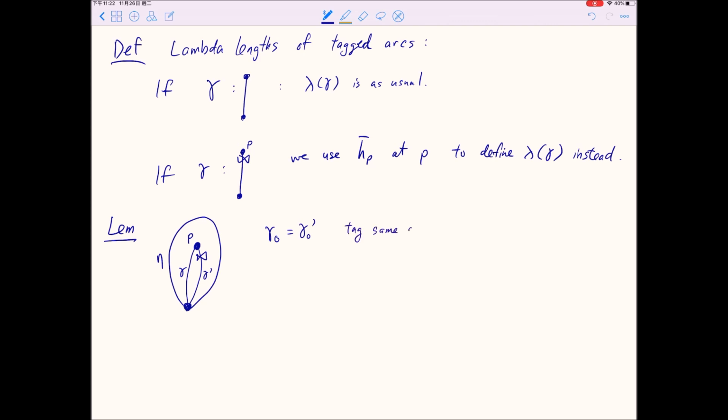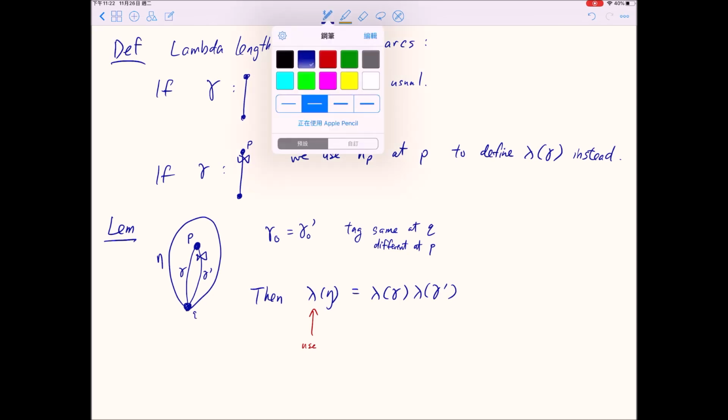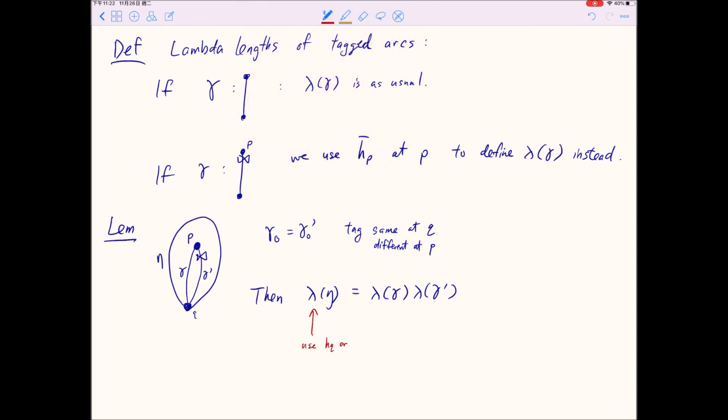So it is tagged the same at Q and different at P. Then from the previous lemma, we see that the lambda length of eta is just the product of the lambda length of gamma and the lambda length of gamma prime. Of course, using our definition, the lambda length of eta will use the horocycle at Q or the conjugate at Q, depending on whether there's a tag at Q.